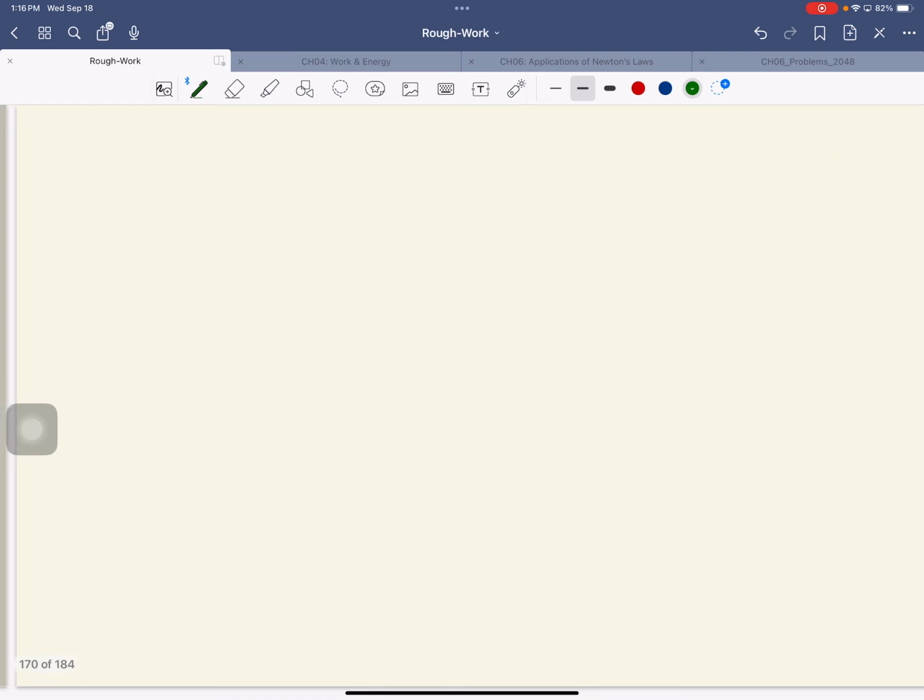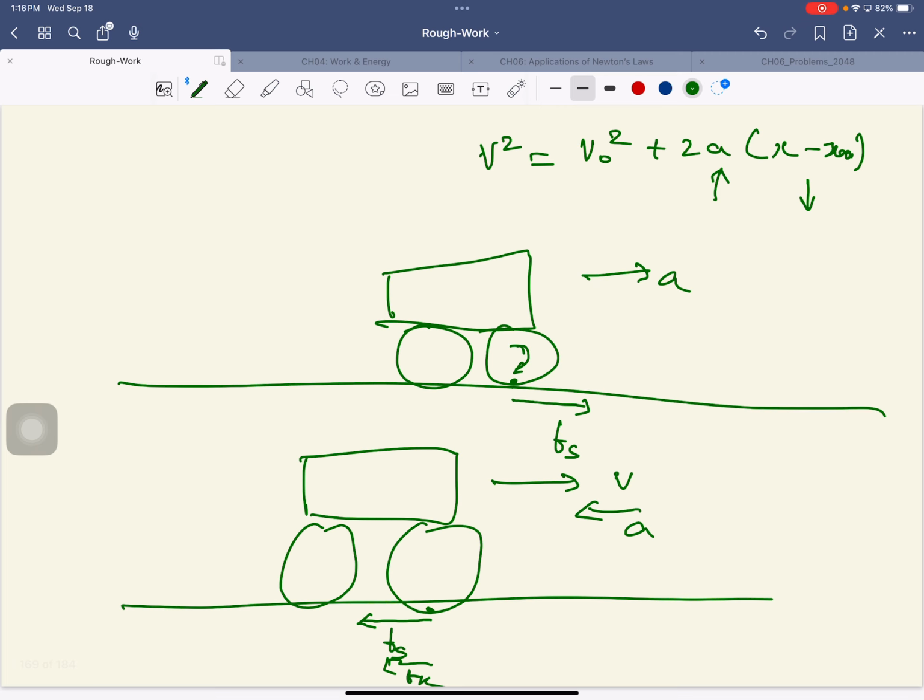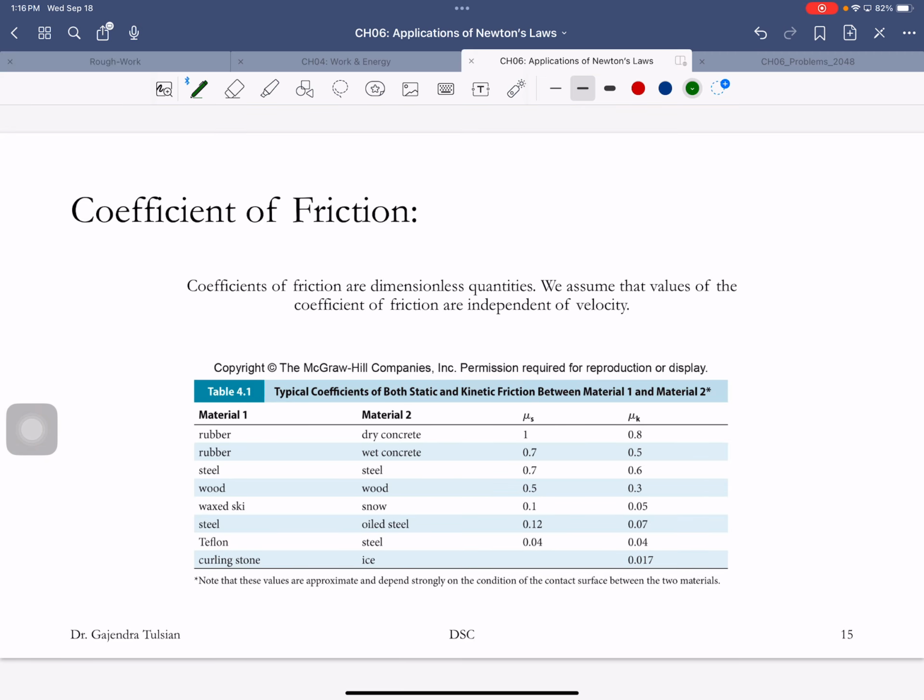So here is rubber and concrete. If your brakes do not lock, the static friction force is stopping you.